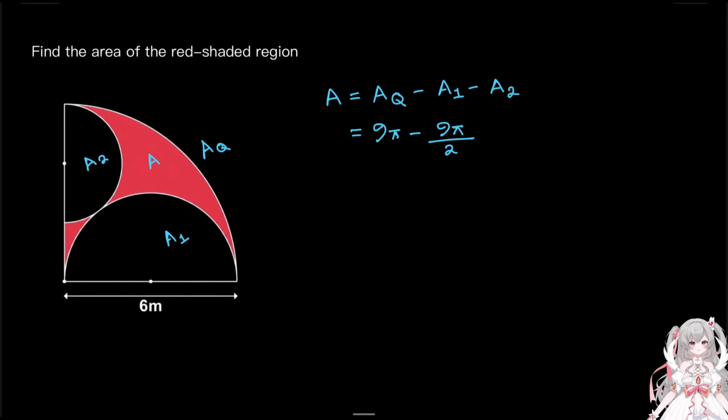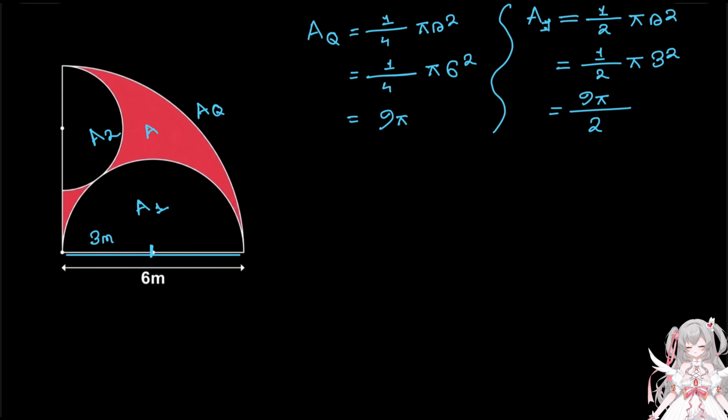And now, lastly, we would need to find the area of this semicircle, A2. In order to find it, we would need to find the radius or the diameter of this semicircle, which is not given in this question, unlike the diameter and the radius of the semicircle and quarter circle respectively.